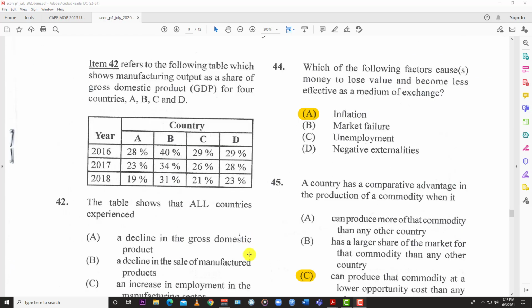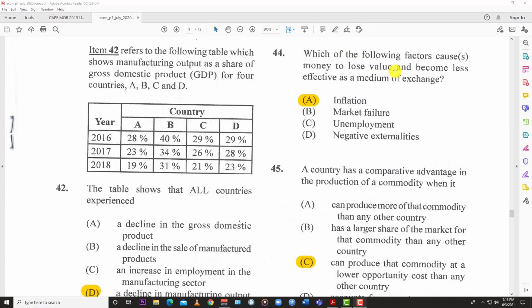44. The following factors cause money to lose value and become less effective as a medium of exchange. And so that one is quite obvious. Inflation. Inflation is the gradual or the general increase in prices throughout the economy. If prices are going up, that means that the money you have would have less and less purchasing power.